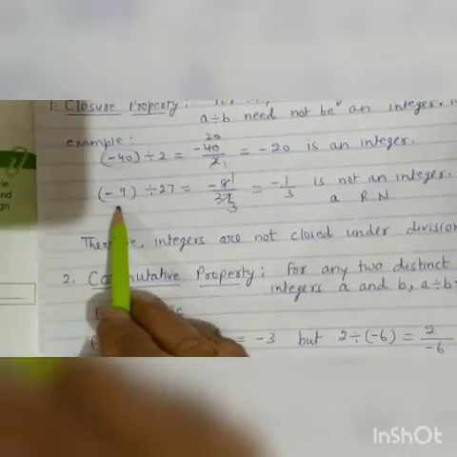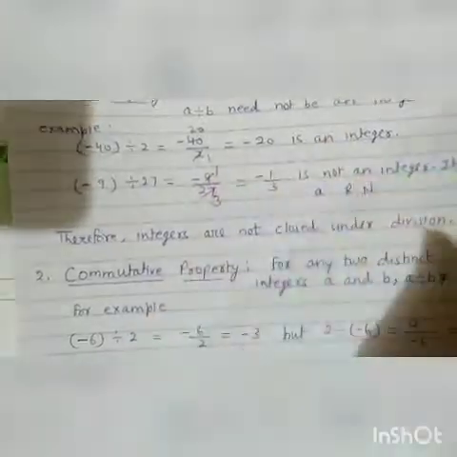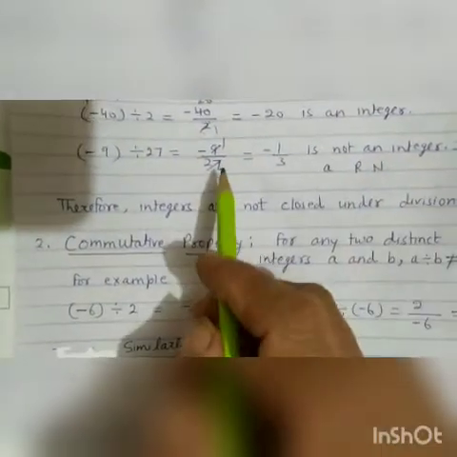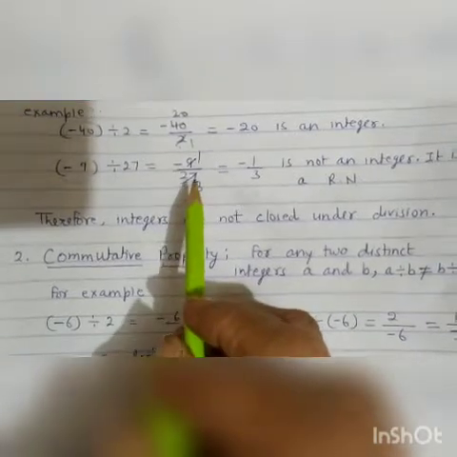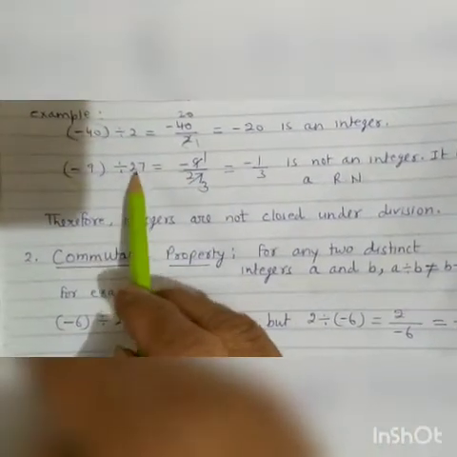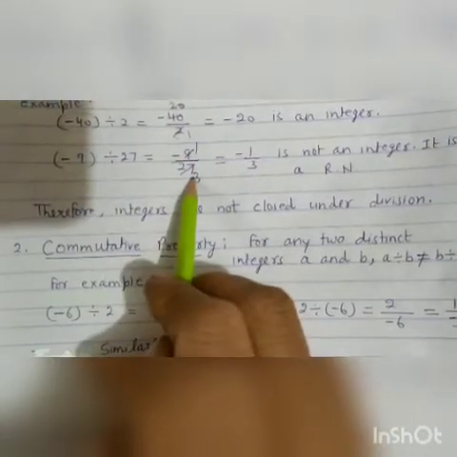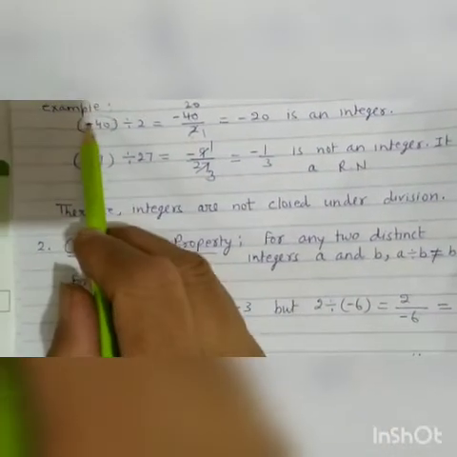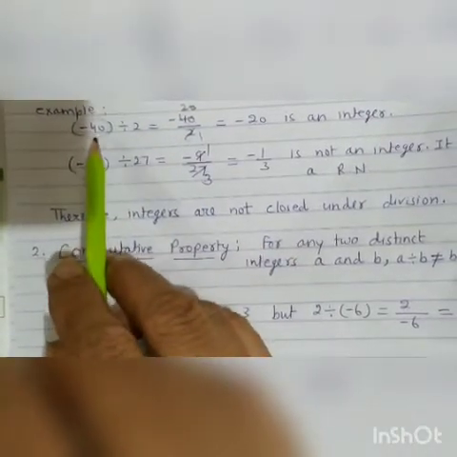But always the first integer is written in the numerator. Students make this mistake too much. They always write the greater number in the numerator and the smaller number in the denominator. No. Always write the first number in the numerator whether it is smaller or greater.